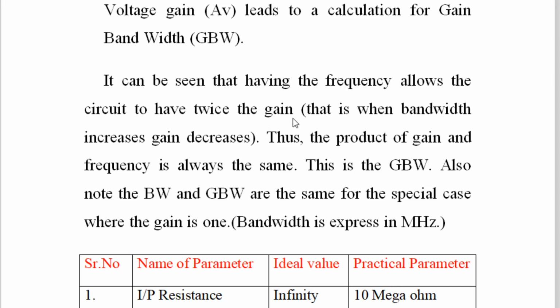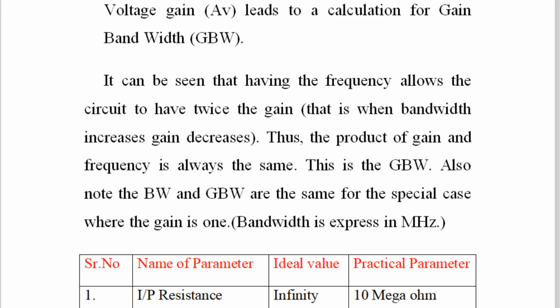So if I want to pass 10 megahertz frequencies to the output, what is the relationship between frequency and gain? The gain should be twice for half the frequency. So there is a relationship between gain and bandwidth. Thus the product of gain and frequency is always the same. This is the gain bandwidth product.